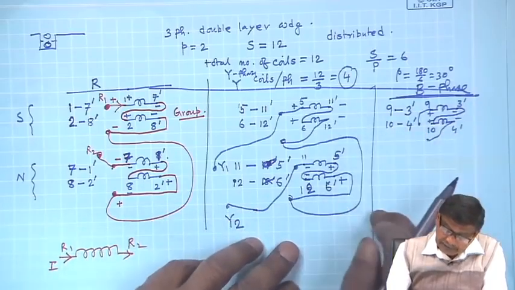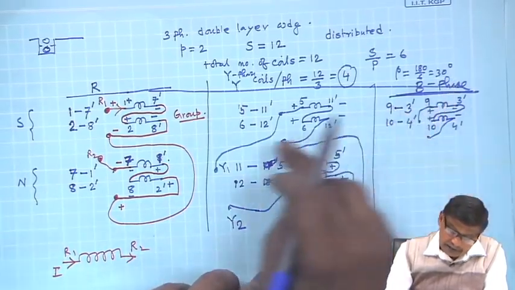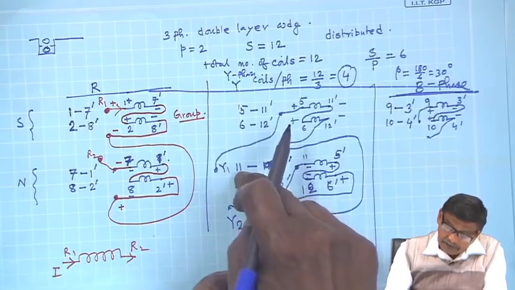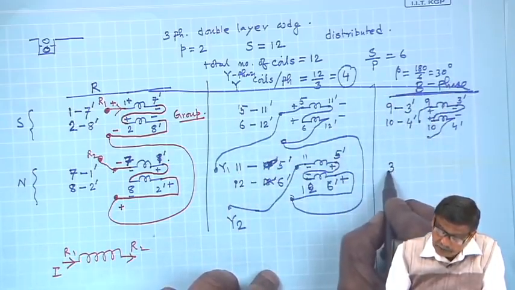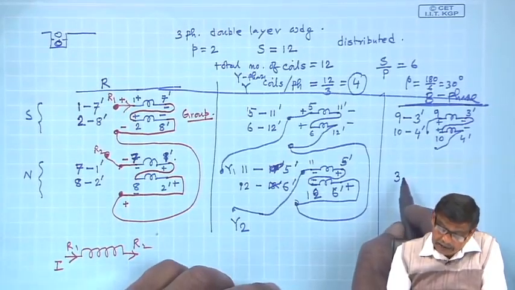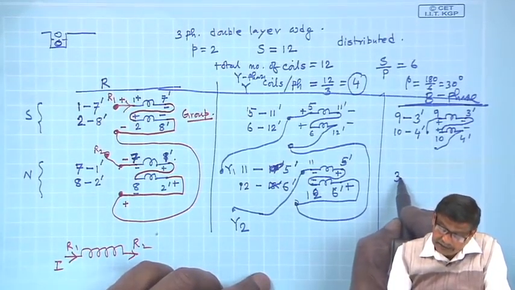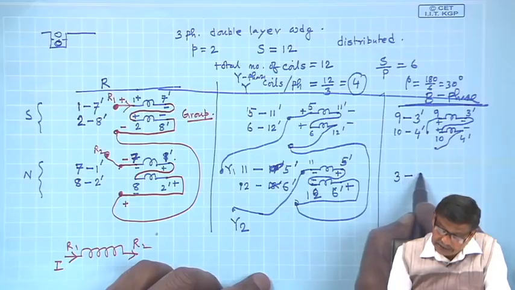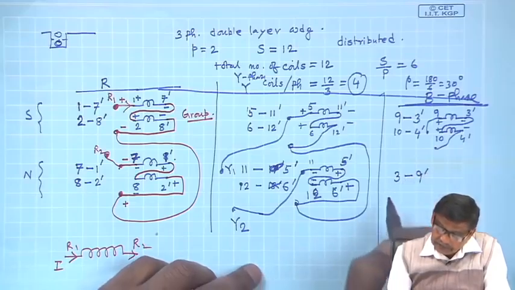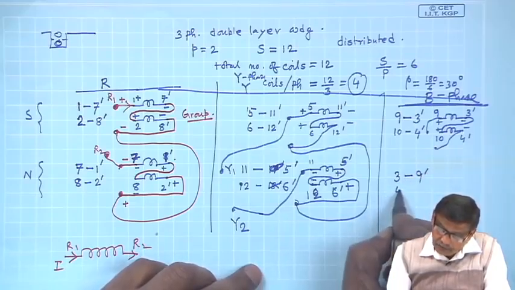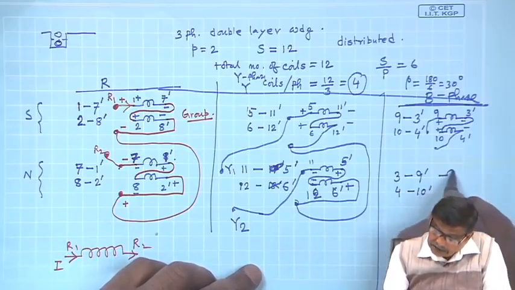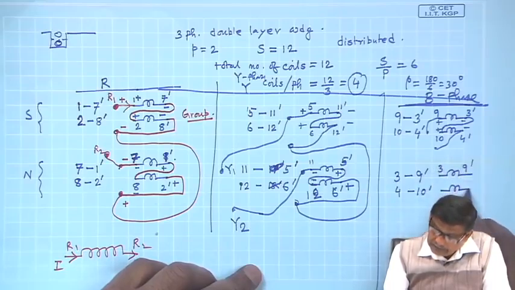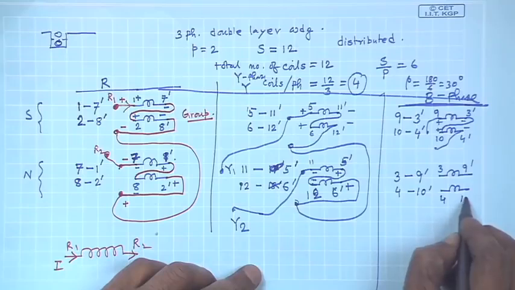Then the next group, 9 plus 6 is 15, but there is no 15, it should be 3. And if it is 3, then 3 plus 6 is 9 dashed, second group, and then 4 10 dashed. And symbolically it will be 3 9 dashed and 4 10 dashed.